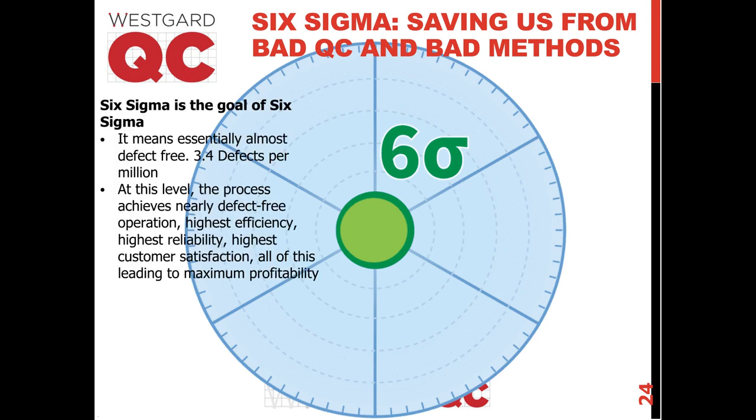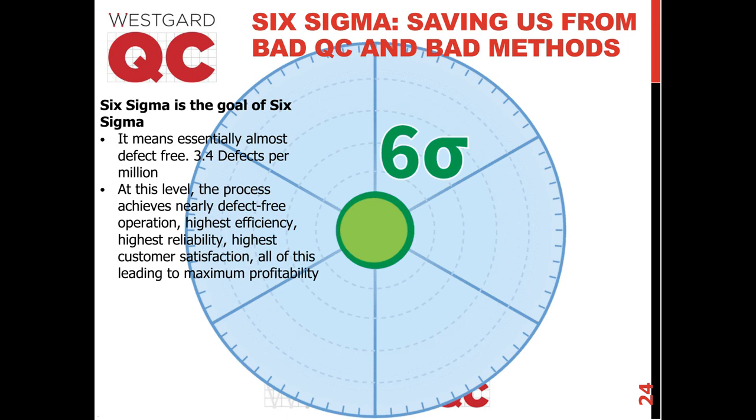Six Sigma is really the goal, and essentially it's a simple way to say we have a process where we've reduced the number of defects to less than 4 out of 1,000,000. So if you want to have fewer than 4 rejected runs out of 1,000,000 reportables, you want Six Sigma.